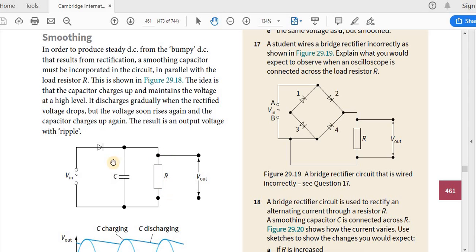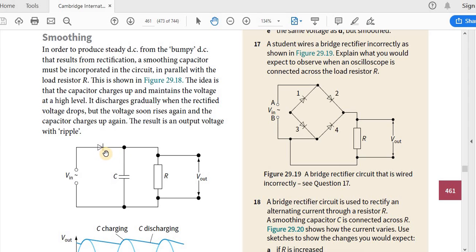The current can only flow in one direction through the diode. So it goes like this, and when it goes, it charges the capacitor. Now when the current tries to flow the other way, it won't flow the other way through this side.